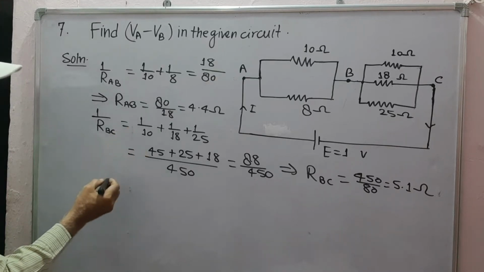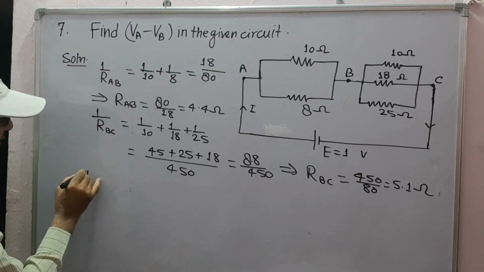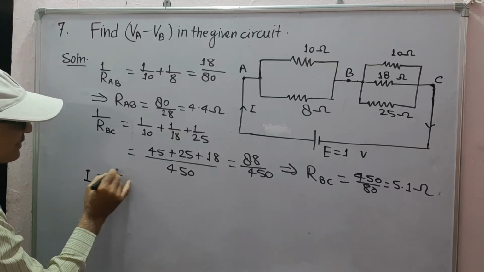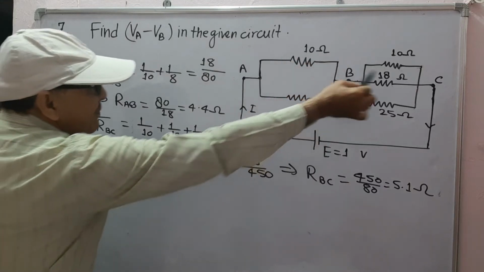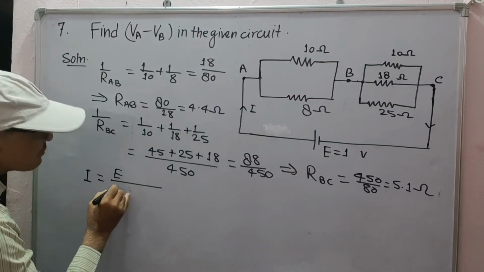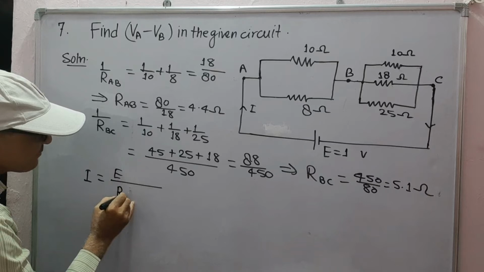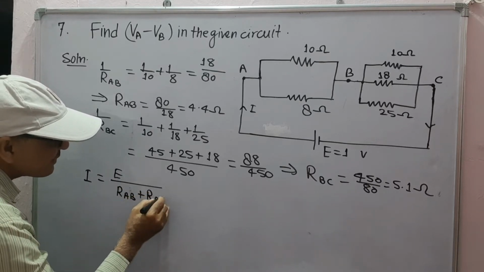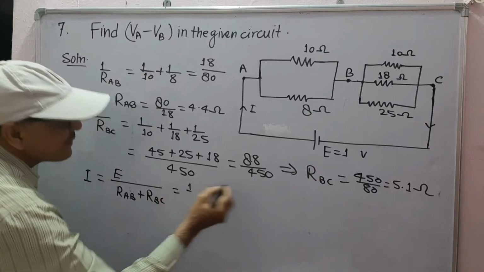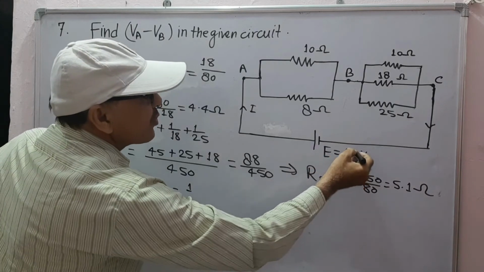Now current flowing in the circuit will be I is equal to E upon total resistance of this plus this in series, R between A and B plus R between B and C. This is 10 volt.